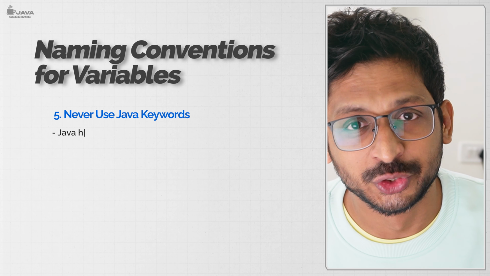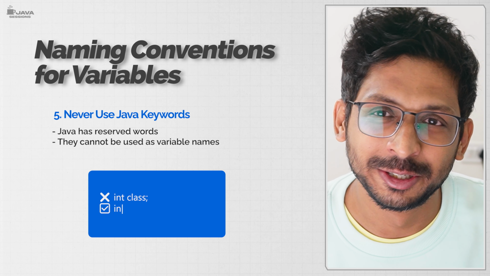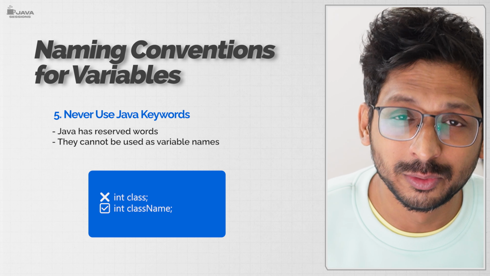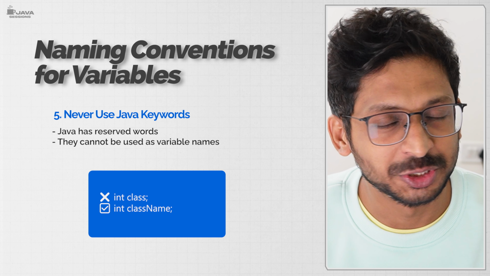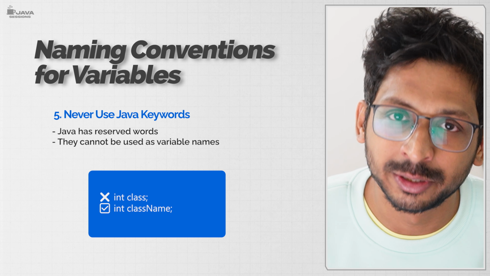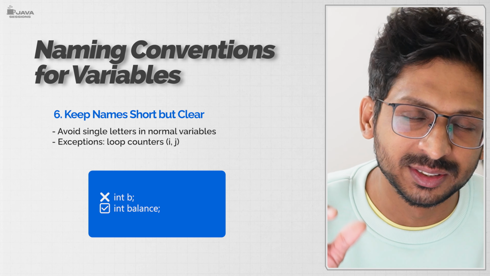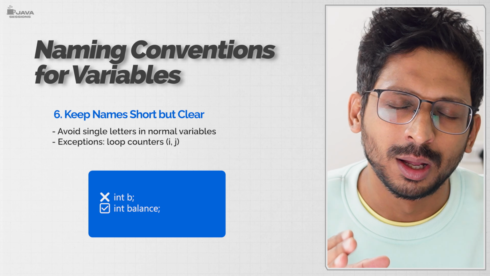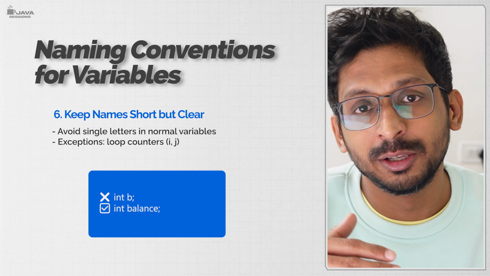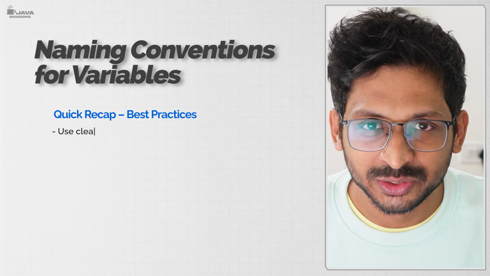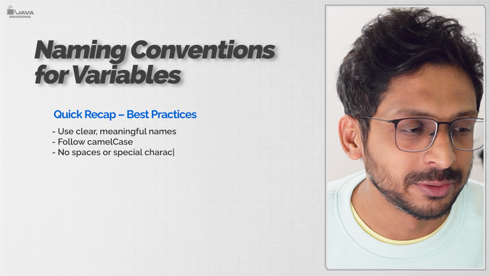Do not use Java keywords as variable names, as we have discussed in the earlier lecture. Java keywords are reserved words which offer specific functionality, so don't use them as a variable name. Keep the variable names short and clear. Avoid using single letter names for variables unless you're using them in an if-else condition or a for loop. To summarize the naming conventions, always use meaningful and descriptive names.